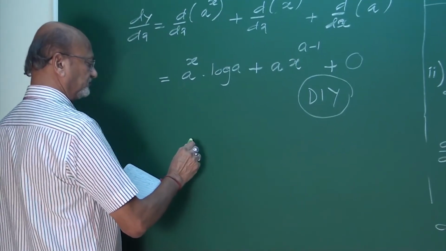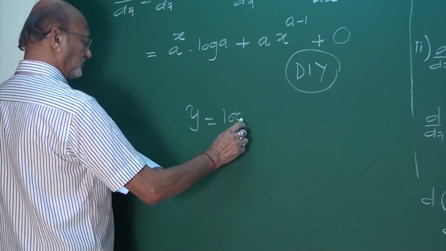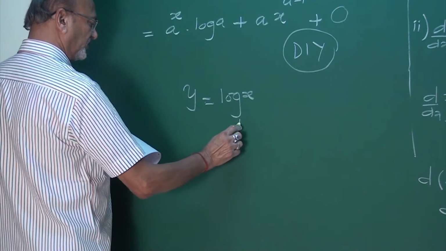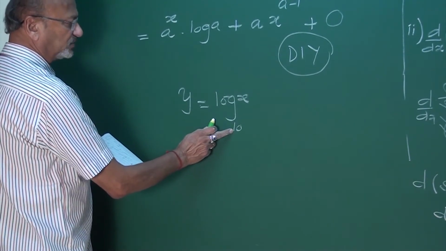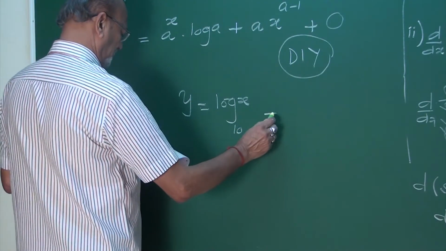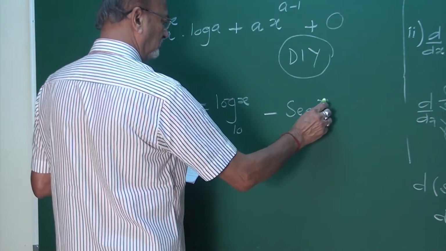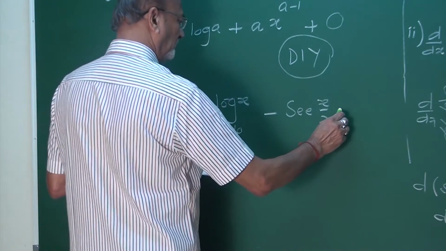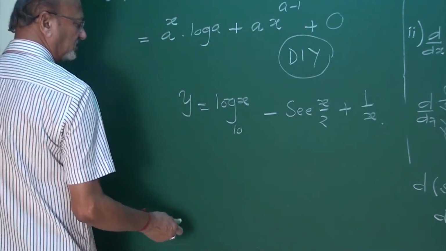Example 1. Y equal to log x to the base 10. You know, log x to the base a: 1 by x into log e to the base a, minus sec x by 2 plus 1 by x. If you want, I can write this also. Yes, my friend.